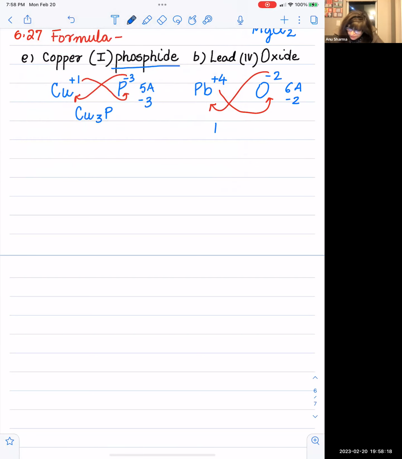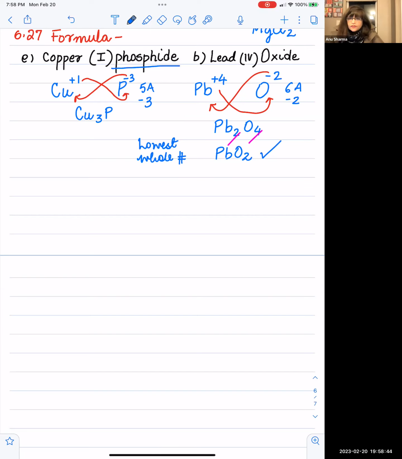So here this becomes Pb2O4, but you look at the lowest whole number ratio. So 2 and 4 cancel out. What do you get now? You get PbO2. This is the right formula.